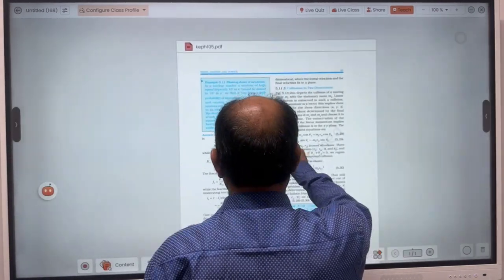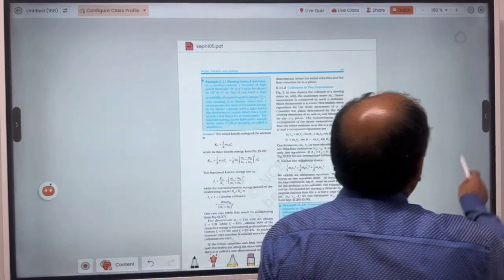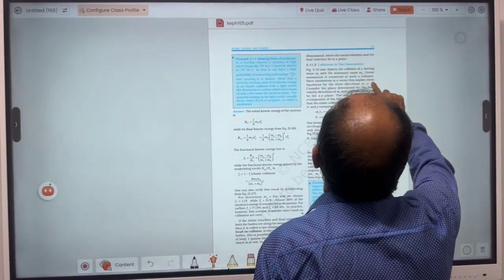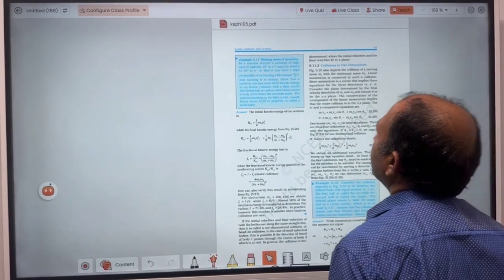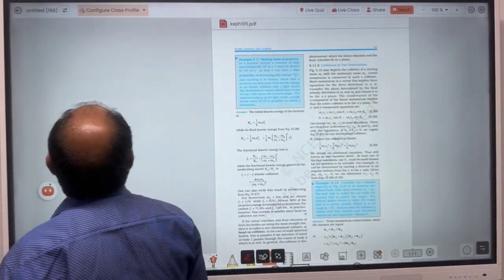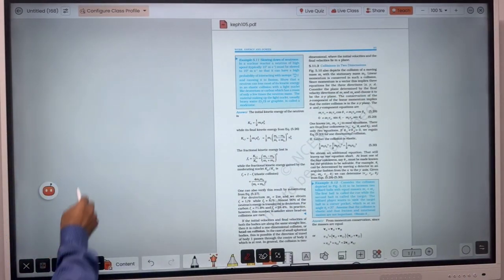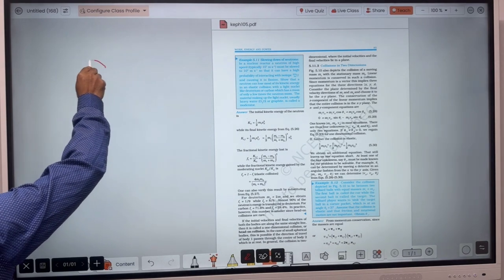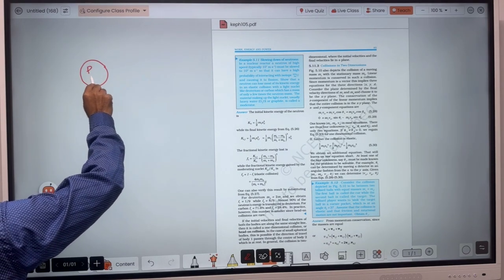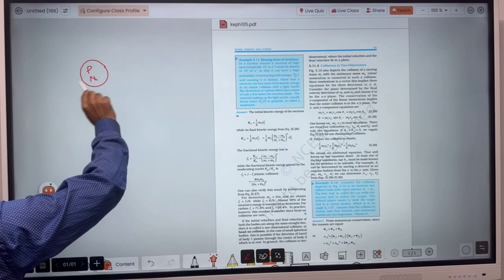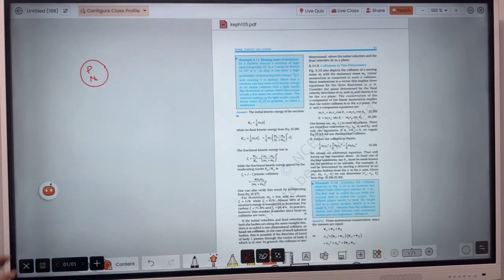Here you have understood what they want, so let's analyze what is happening. First of all, you should know what nuclear fission is. Suppose this is a nucleus which contains a certain number of protons and neutrons, and there is a nuclear force which binds these protons and neutrons.